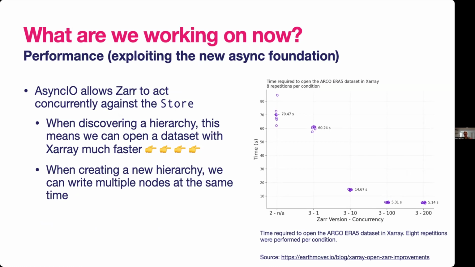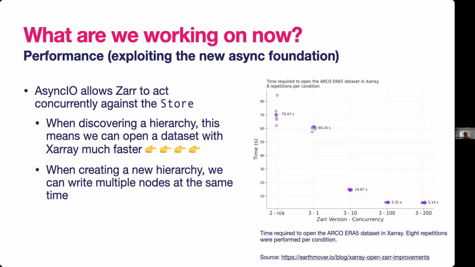If you've ever tried to do this in Xarray and the store wasn't consolidated, you know that it can be very slow over network connections to just open an Xarray dataset. Not even read any data, just open it. The reason for that is that was all previously done sequentially. So you listed the store and then you opened one array at a time. And now that we're using async IO, we've made it much faster.